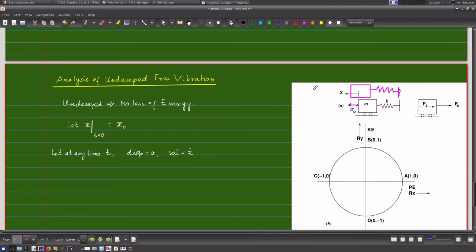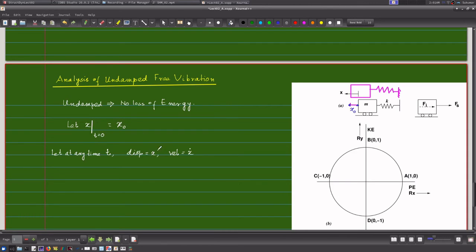Suppose I have a spring mass dashpot system which has mass m and a spring stiffness k. Since it is undamped vibration, there is no damper, damping coefficient is 0, and also since it is free vibration, there is no external dynamic load acting during the vibration. Just to start the vibration, I pull the mass by an amount of initial displacement x naught, so that x at time t equal to 0 is x naught.